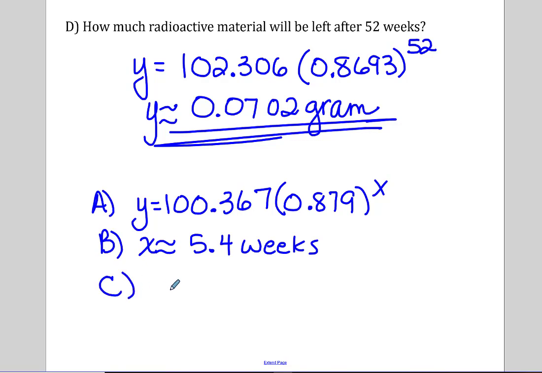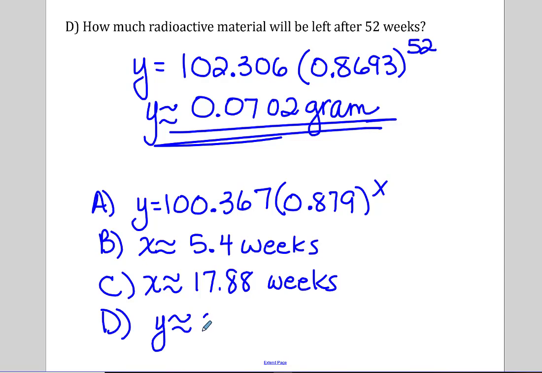And part C, my answer was about 17.88 weeks. And then on part D, I had 0.123 of a gram that remained. So depending on which calculator you use, you could arrive at similar, close, but different answers.